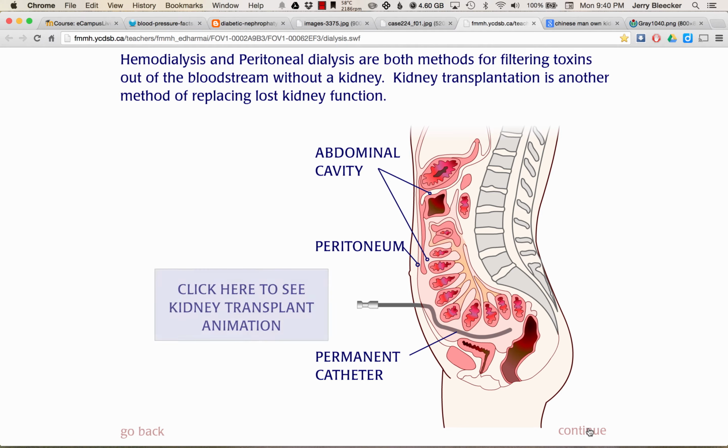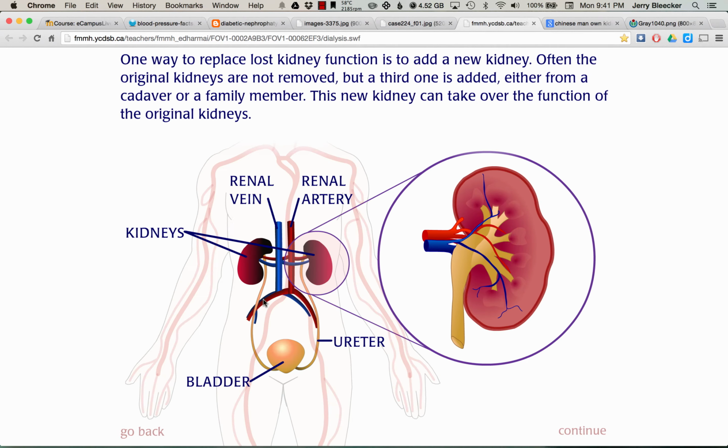And kidney transplantation is a fairly interesting procedure. One of the things people don't realize is that you really don't want to go carving into the patient to remove the kidneys. Even if they're not functioning, you don't want to introduce too much infection.